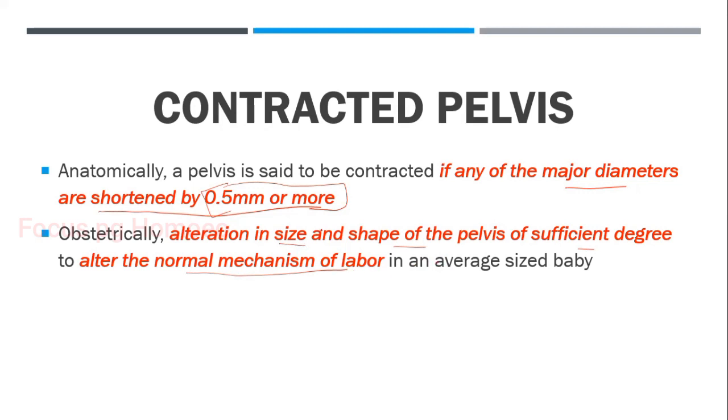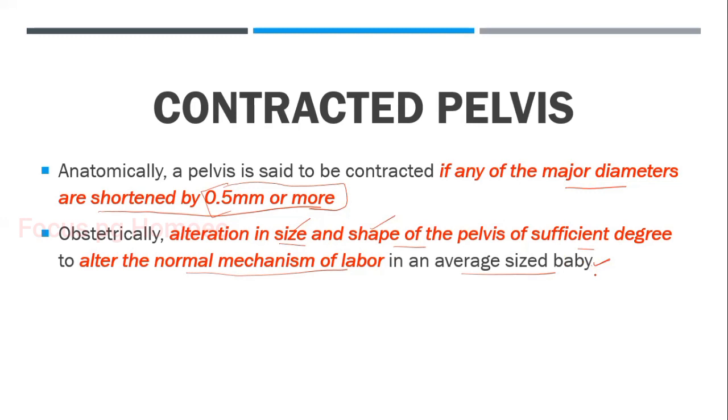Anatomically only diameters are given, but obstetrically both size and shape of the pelvis can contribute to a contracted pelvis in an average size baby, because it has nothing to do with the baby, the fetus.